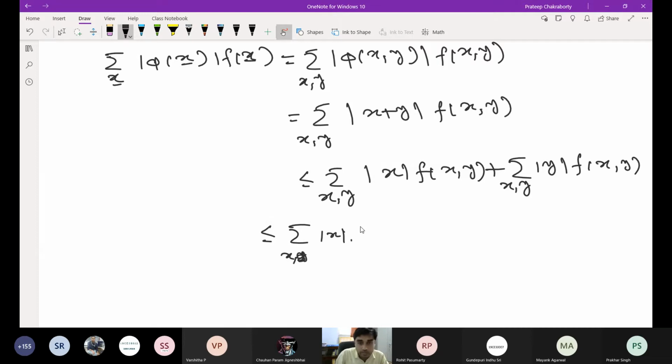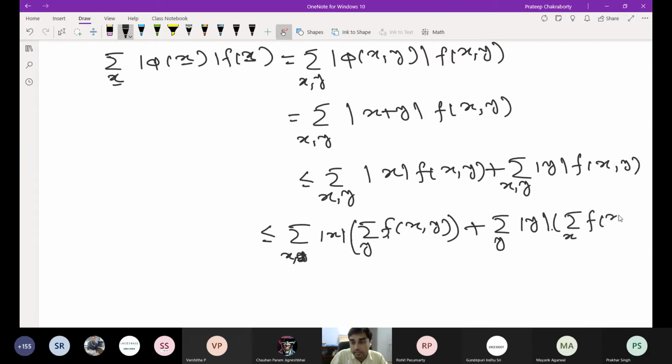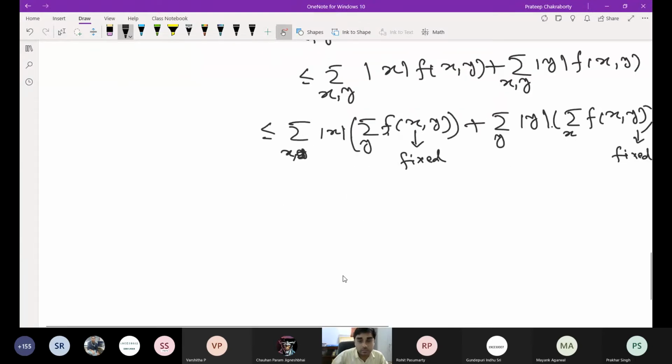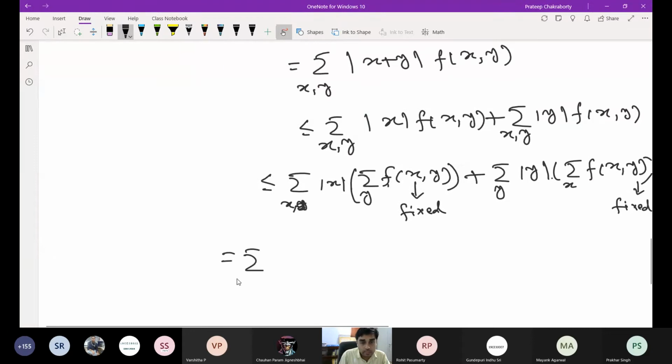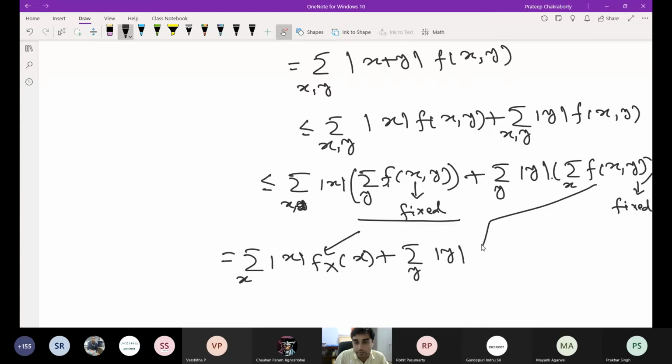In the first term, we are fixing this x and summing over y; in the second, we are fixing this y and summing over x. Then this summation will be the density function of x, and this summation similarly will be the density function of y.